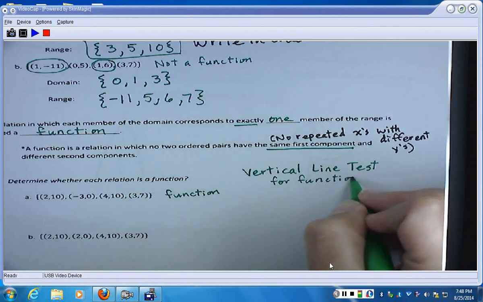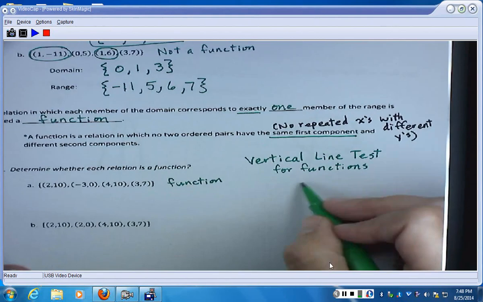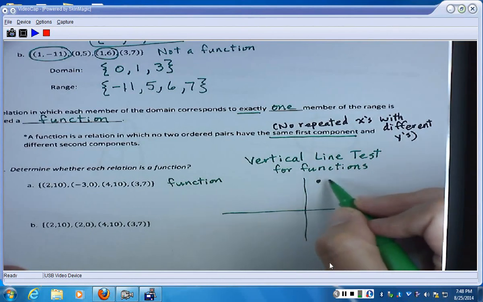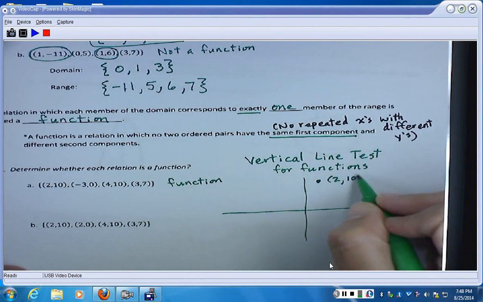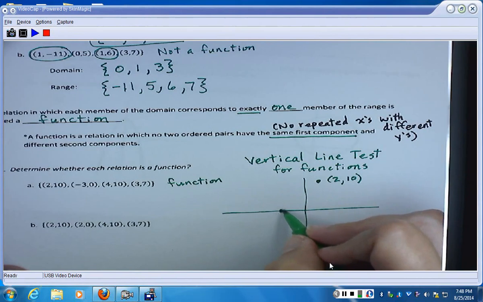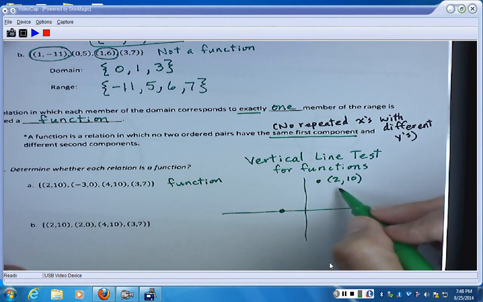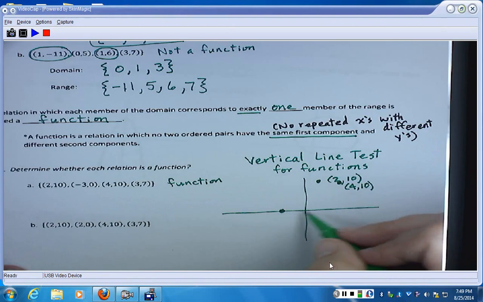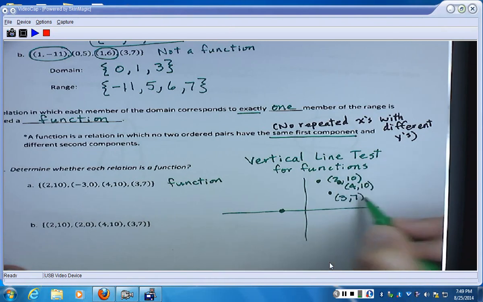If you would graph these ordered pairs, so let's say 2, 10 up here, this may not be to scale, okay? 2, 10 here, negative 3, 0 here, 4, 10 will be up here. And 3, 7, say right here. Okay. So it's not to scale.